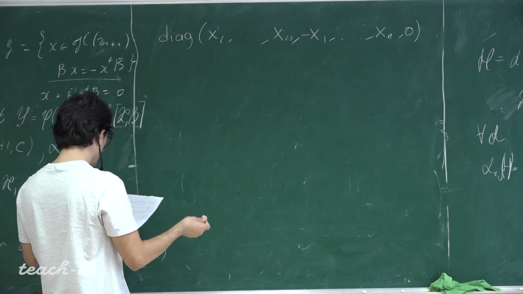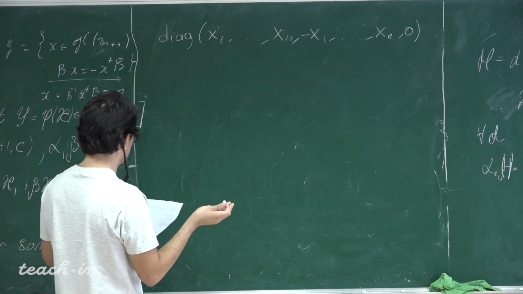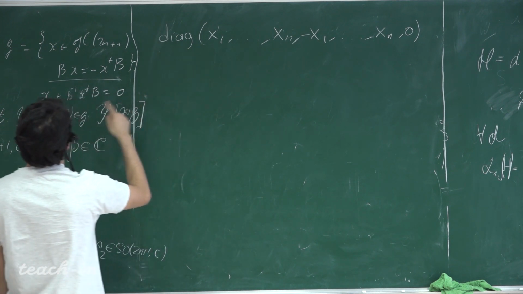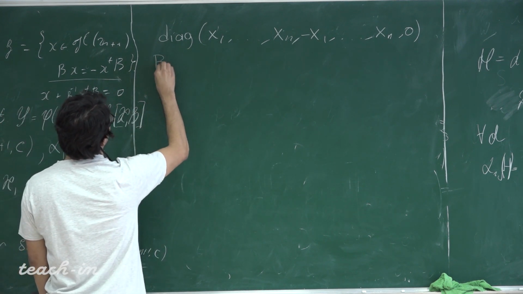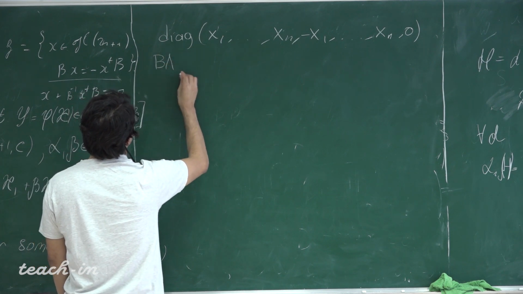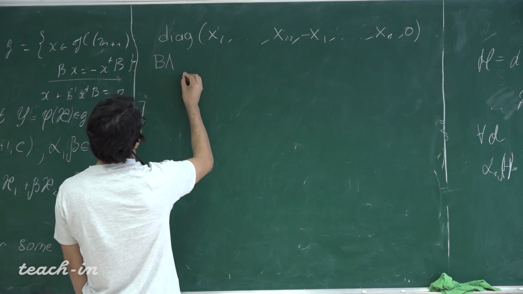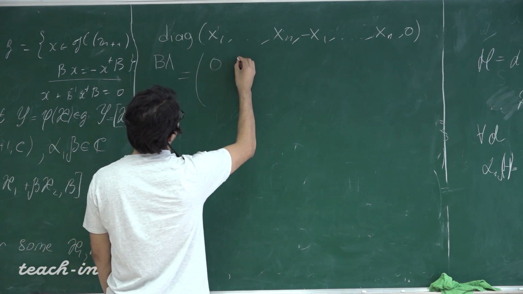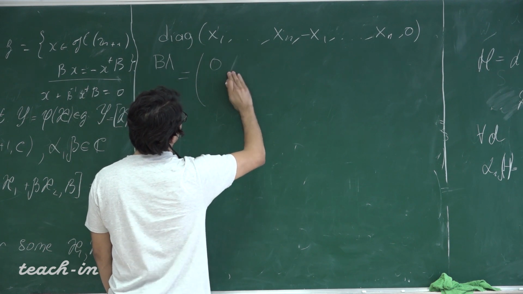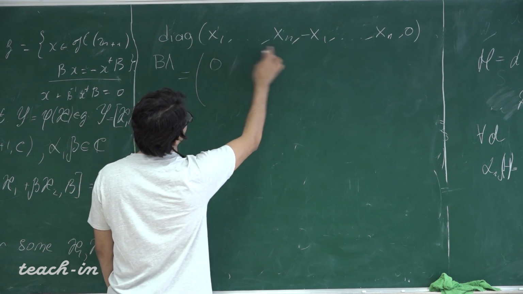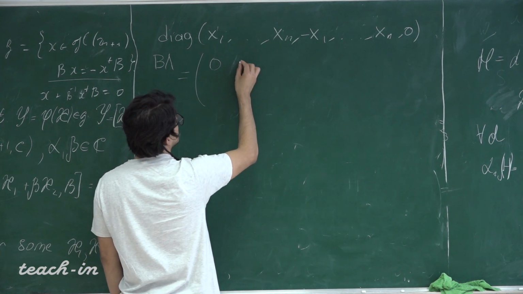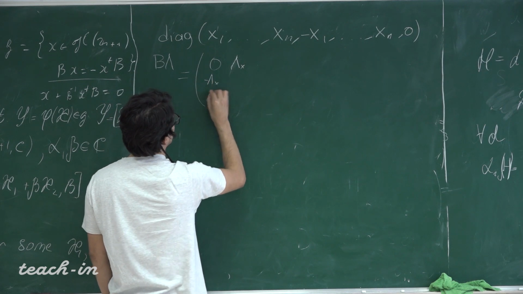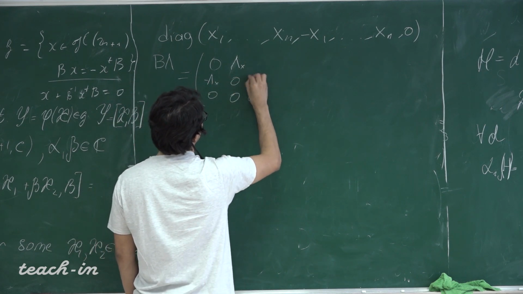Okay. So to check that it's a Cartan subalgebra, what I did was to map both by b, just multiply by b, the diagonal, and we will get some matrices with a diagonal of lambda x minus lambda x and 0 in the rest.